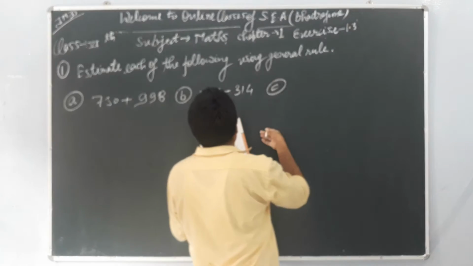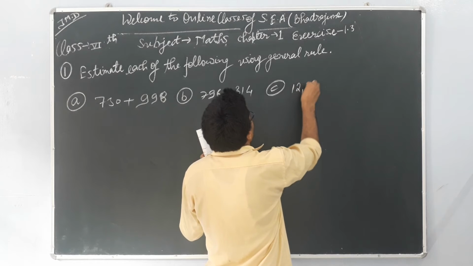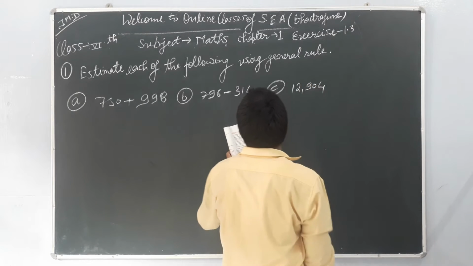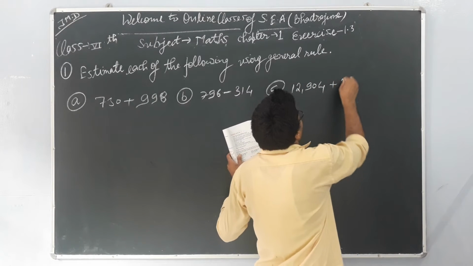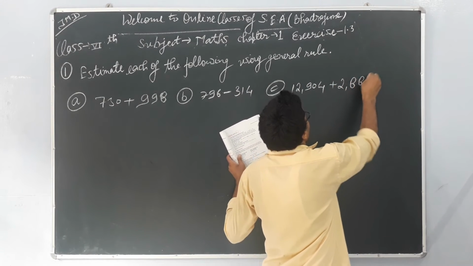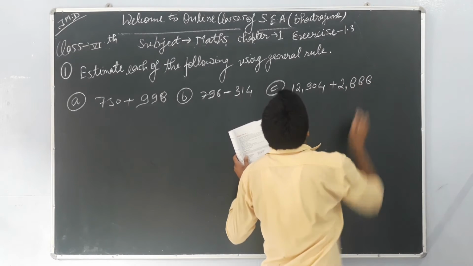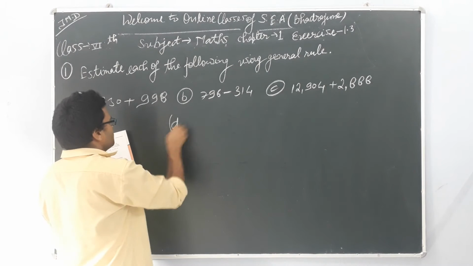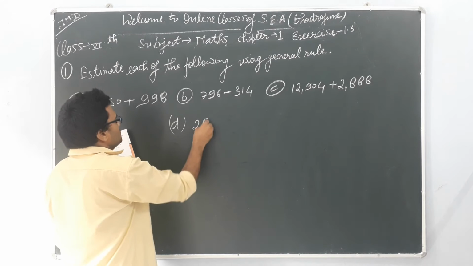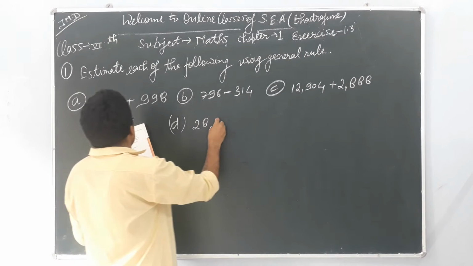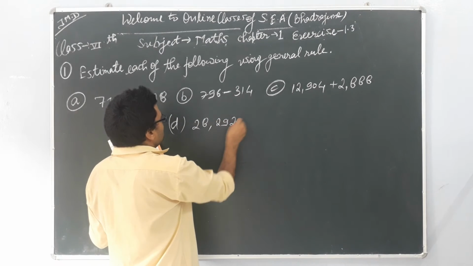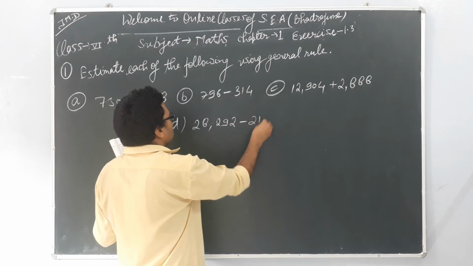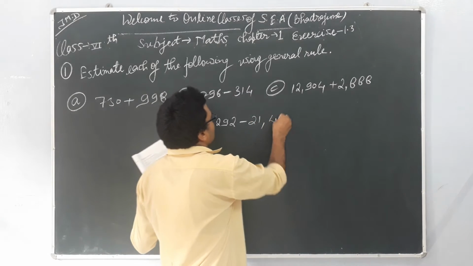Part C is 12,904 plus 2,888. Okay, our part D is 28,292 minus 21,496.